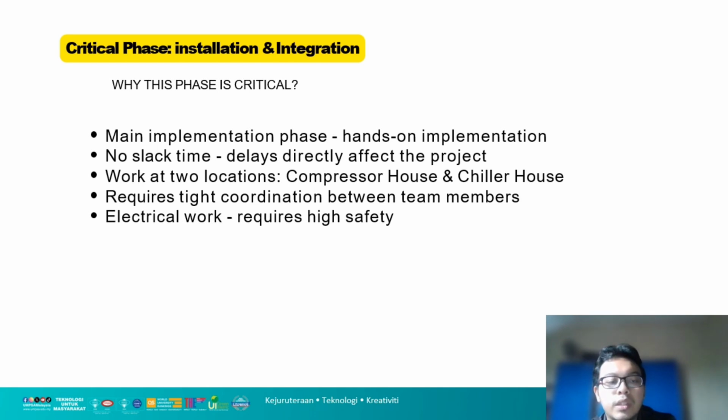It requires tight coordination between team members to complete the task at the first location, and then help each other at the next location. Lastly, it involves electrical work, which requires high safety.